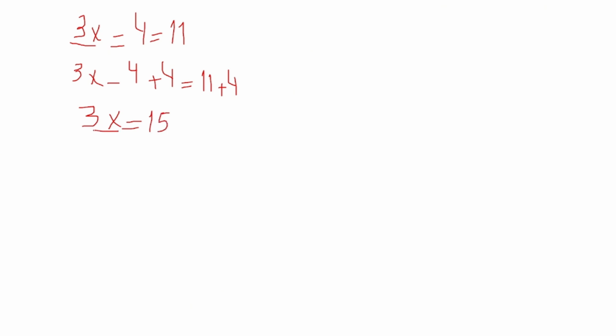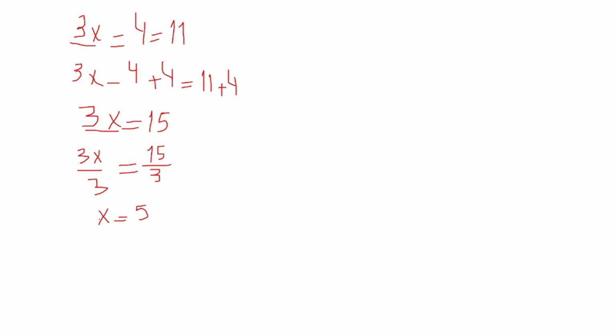The second operation here is multiplication, so we will do the opposite of it, which is division. So 3x divided by 3 will be equal to 15 divided by 3. Never forget, whatever you are doing to one side, you must do to the other side. So x will be equal to 5.